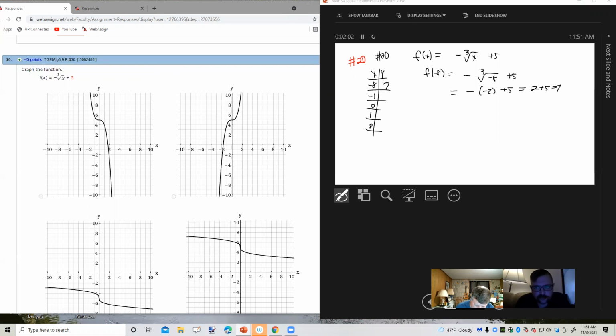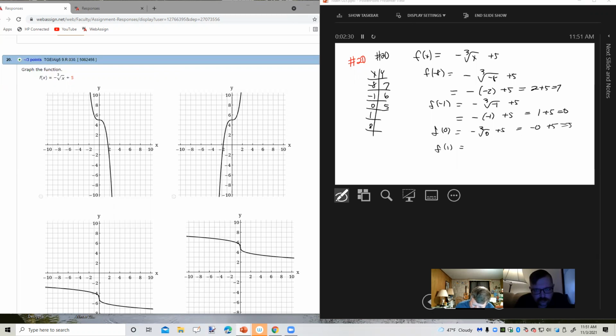Okay. F of -1 equals negative the cube root of -1 plus 5, which is negative, and the cube root of -1 is -1 plus 5. Negative is 1 plus 5, which is 6. F of 0 would be negative the cube root of 0 plus 5, which is -0 plus 5, which is 5.